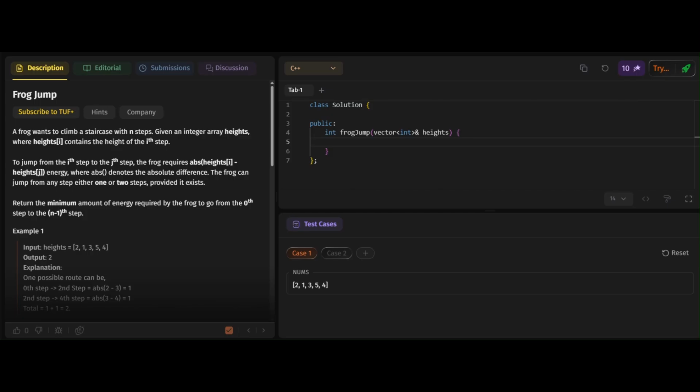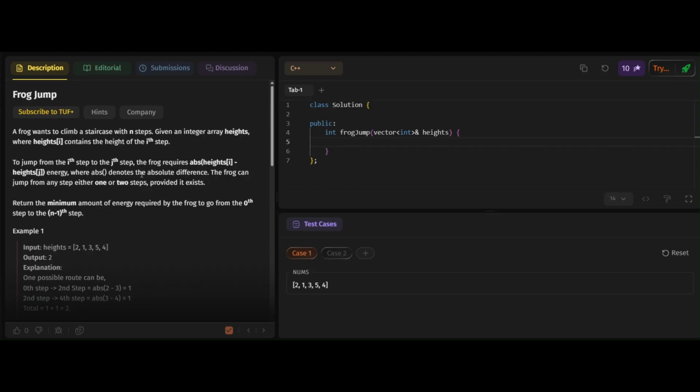Today's topic is frog jump. A frog wants to climb a staircase with n steps, given an integer array heights where heights[i] contains the height of the ith step. To jump from the ith step to the jth step, the frog requires abs(height[i] - height[j]). That means if a frog jumps from the 0th index to the first index, the absolute difference is the energy required by the frog to jump from one step to another step.